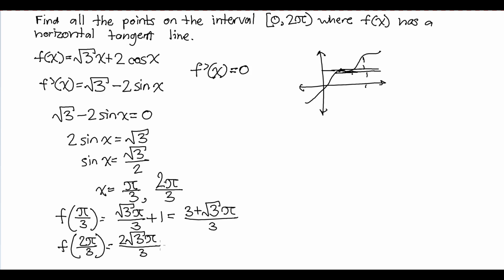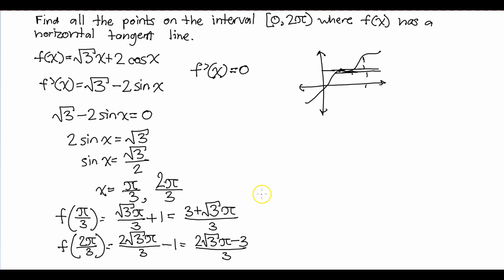So it'll be minus 1, or (2 root 3 pi minus 3) over 3.